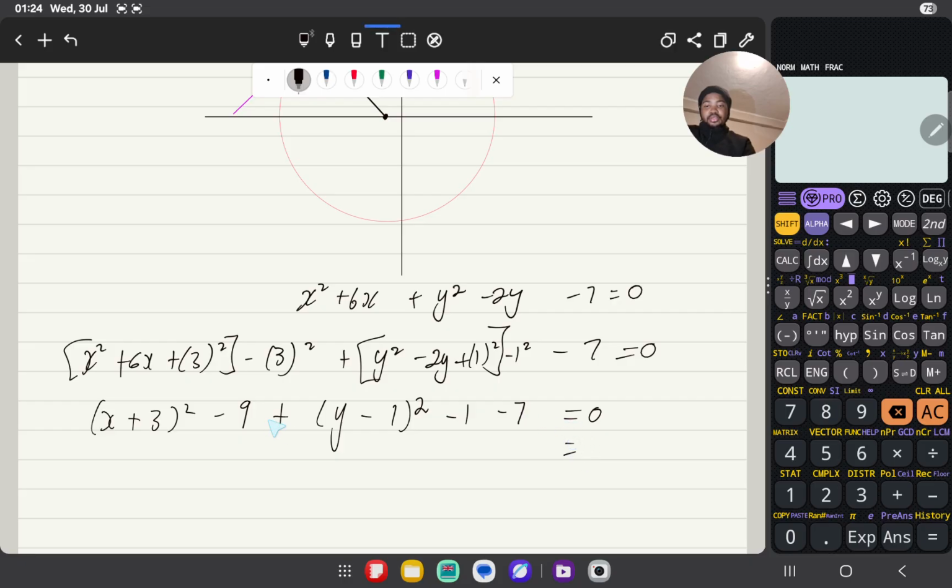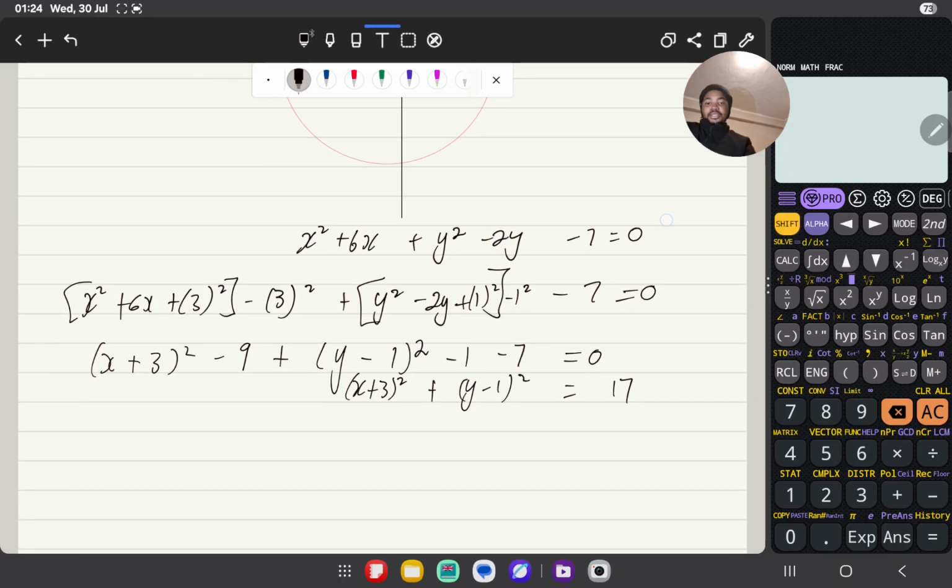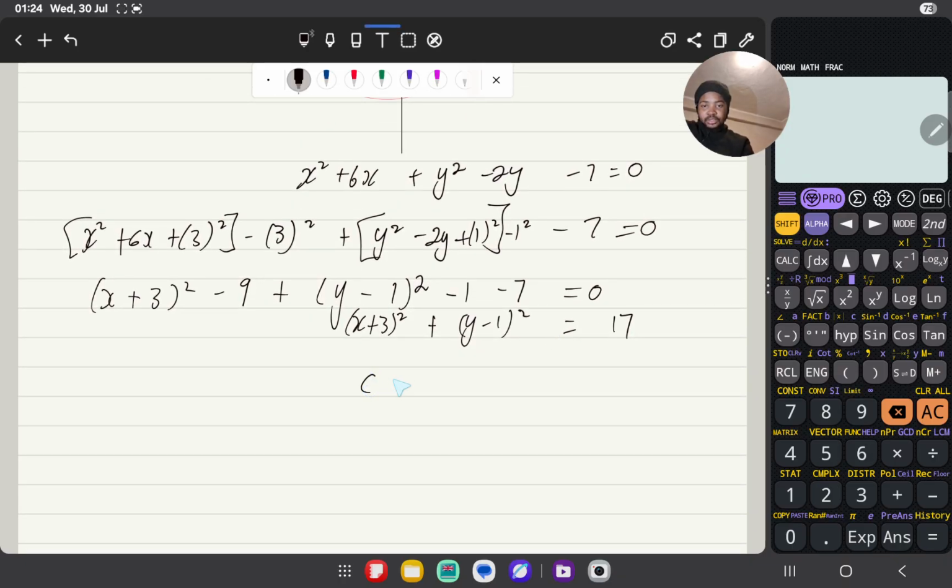That means you have minus 10 minus 7, so 17 on this side. You have (x plus 3) squared plus (y minus 1) squared equals 17, and that means the center is x equals minus 3 and y equals 1.